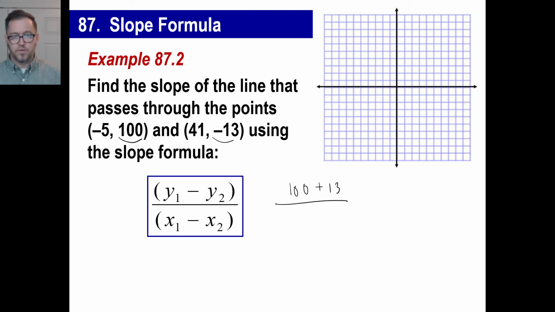Since we started with the 100, we're going to start with a -5 here. So -5 minus 41. And the answer is 113 over, good grief, -46. It's a nasty number. Anyhow, a positive divided by a negative is a negative, and if you wanted to write it this way, that'd be fine.